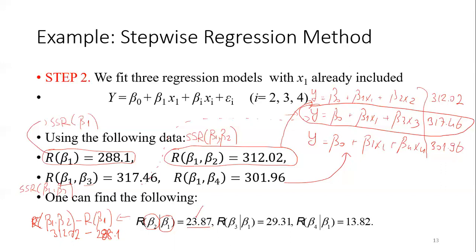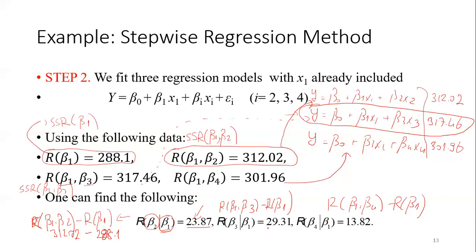So this is the contribution of beta 2 when there is already beta 1 in the model. Similarly, you can find R of beta 1, beta 3 minus R of beta 1, and R of beta 1 and beta 4 minus R of beta 1, right?